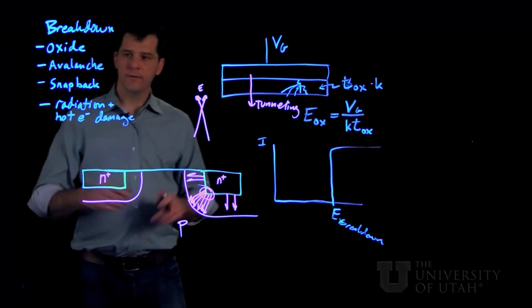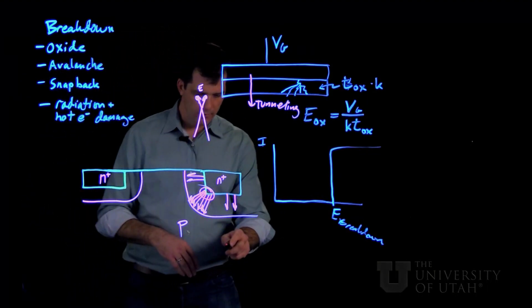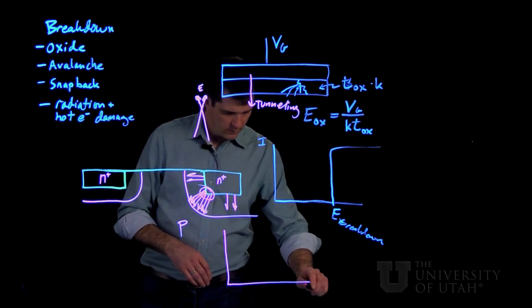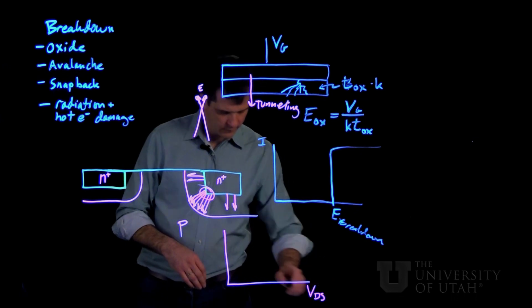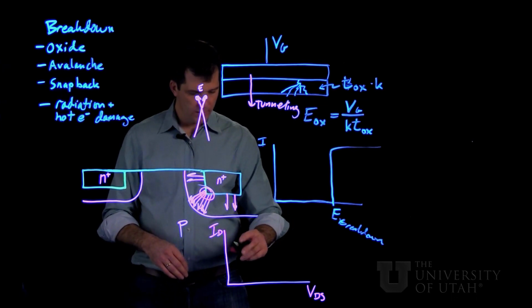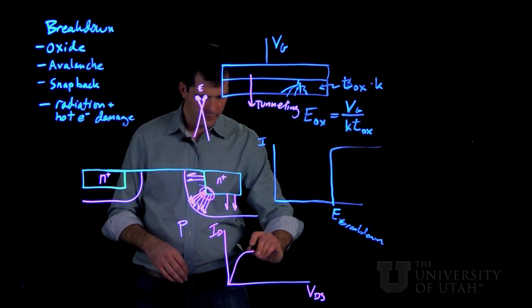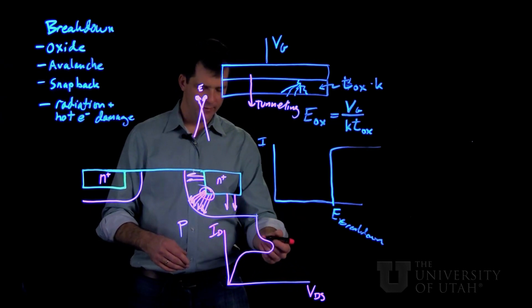A somewhat related effect is the effect called snapback. So the phenomenology would look something like this. If we're looking at the source drain voltage and the current flowing through the drain, it starts out looking like a normal MOSFET, but then does a funny snapback effect.